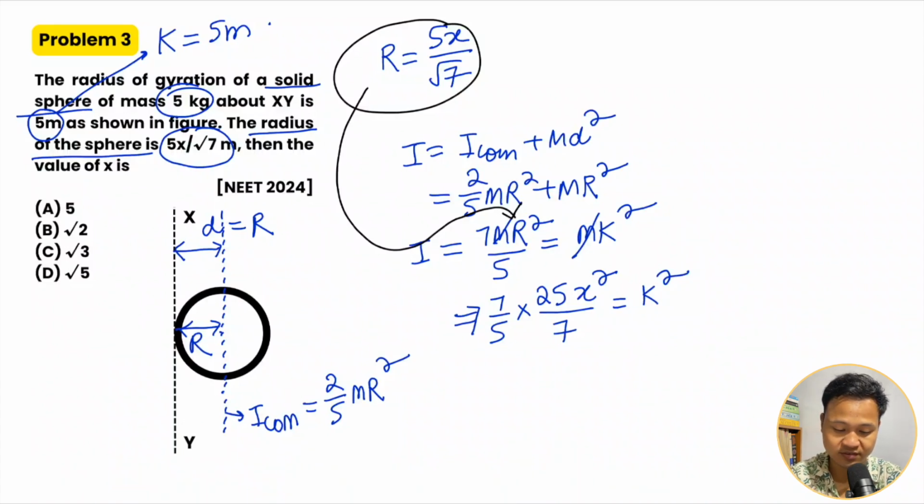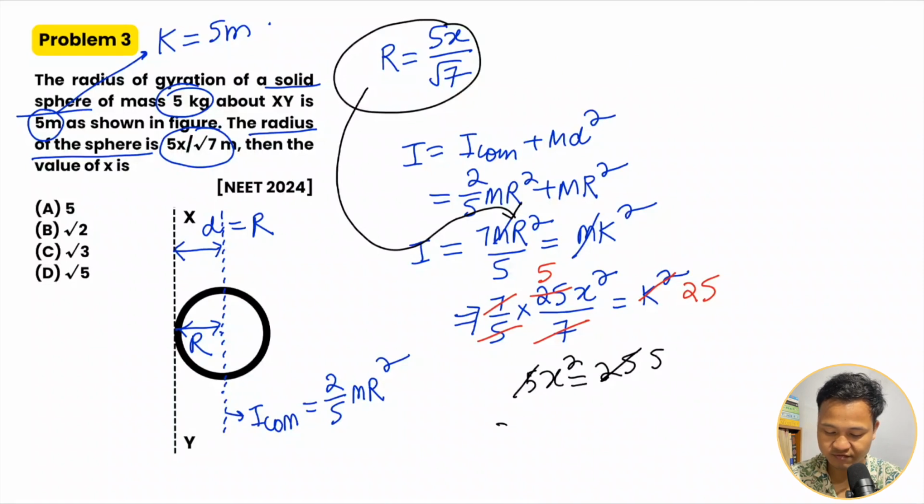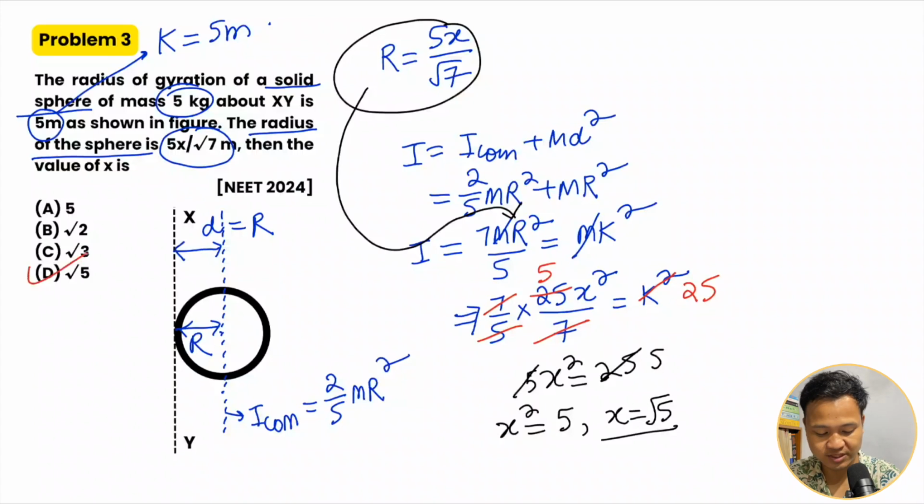Here you can cancel some values: the 7 cancels out. With k equal to 5, k squared is 25. So I have 5x squared equals 25, therefore x squared is 5, and the answer is x equals root 5.